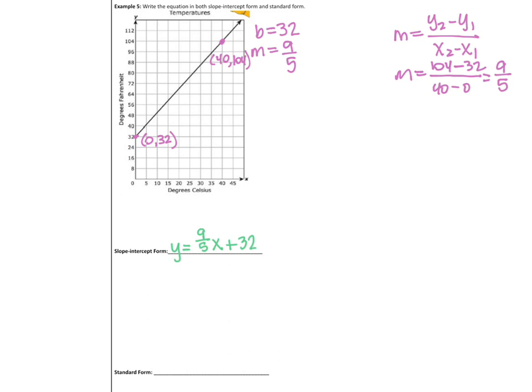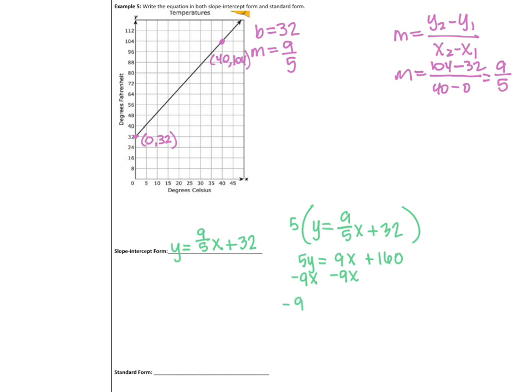Same idea now. We're going to take that very equation and convert it to standard form. We're going to multiply by the denominator. That's going to get me 5y equals 9x plus whatever 5 times 32 is, 160. And then I'm going to move 9x to the other side.